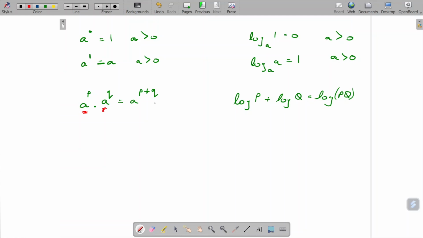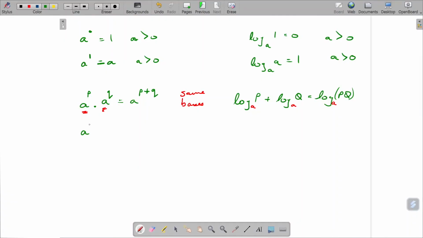So when we multiplied, we added was the rule for exponents. Now when we add, we multiply is the rule for logarithms. However, it was only if we had the same bases. So the bases must be the same.